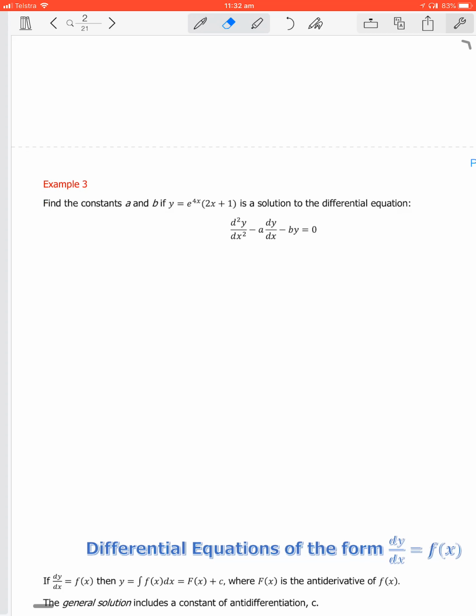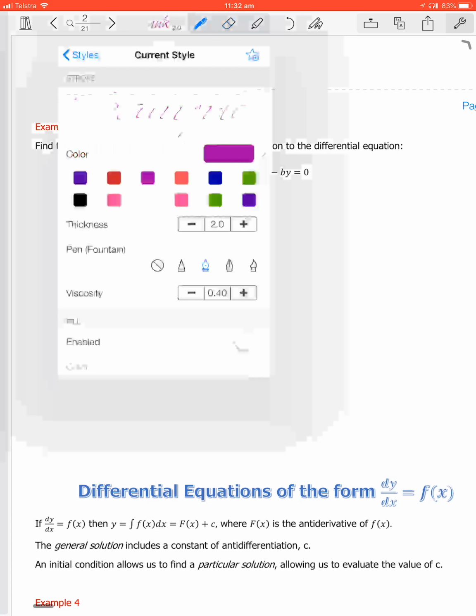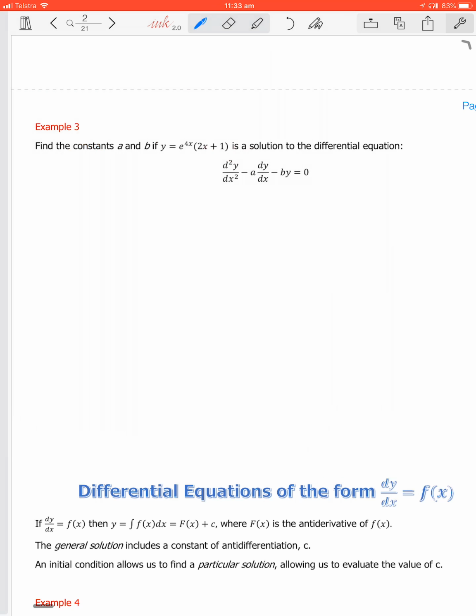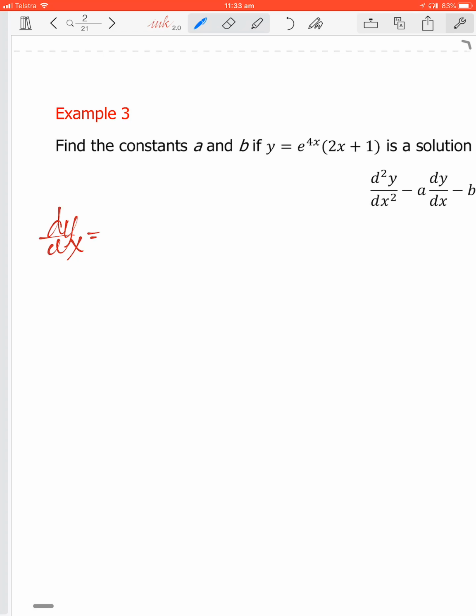Okay, find the constants, not constraints. Find the constants a and b such that this is a solution to the differential equation. A little bit more annoying because we've got to go through and first work out dy/dx. So let's derive this: 4e to the 4x times (2x plus 1), and let's derive this: 2e to the 4x.